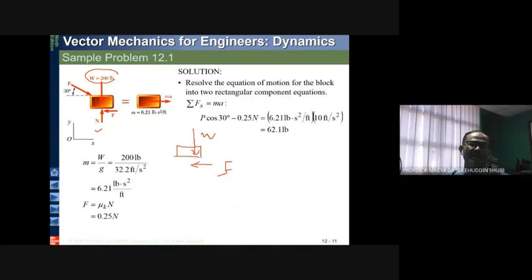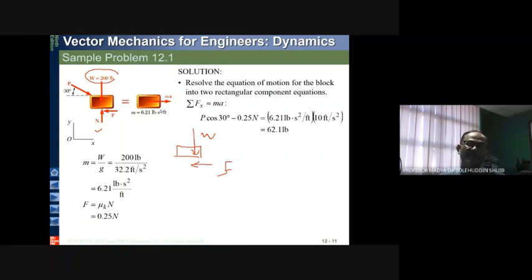This P you can resolve into X and Y. So you are given P cosine 30 and P sin 30. You can then put together the summation of force in X direction and in Y direction.